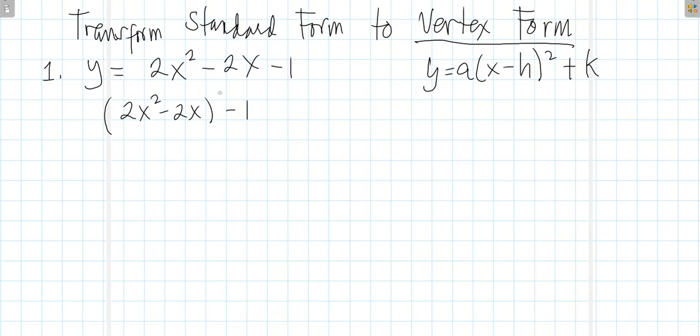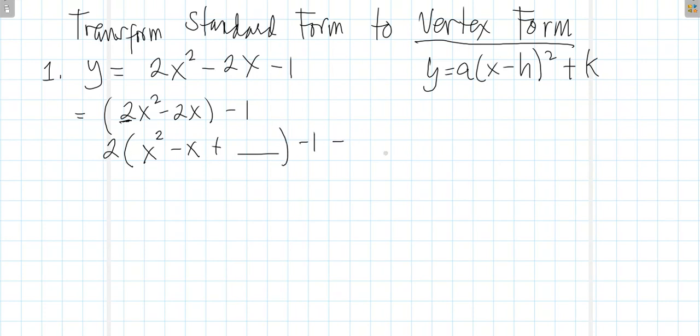You're going to separate the first two terms from the constant. So this is now equal to the common factor. So divide both by 2. 2x squared divided by 2 is x squared minus x.